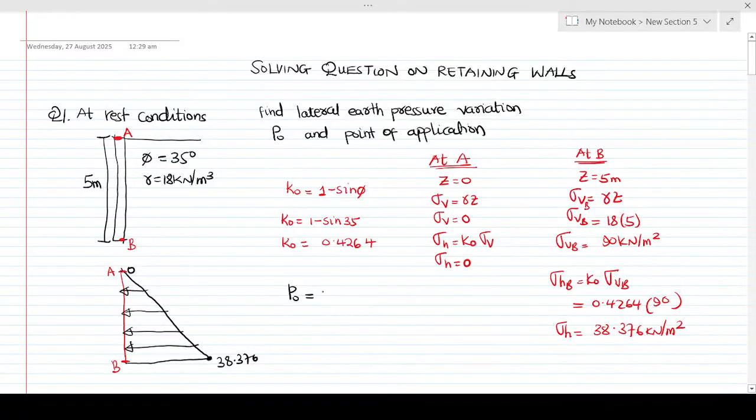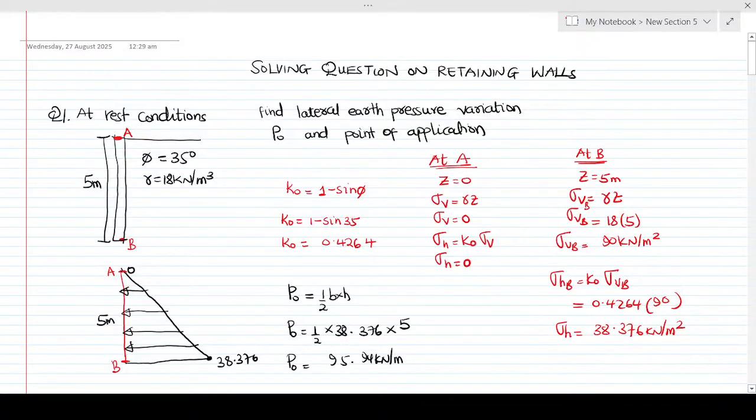So in this case, it's 1/2 times the base times the height. So the force will be equal to 1/2 times 38.37, so that's our base, times our height, which is 5. And so the force will be equal to 95.94 kilonewton per meter.